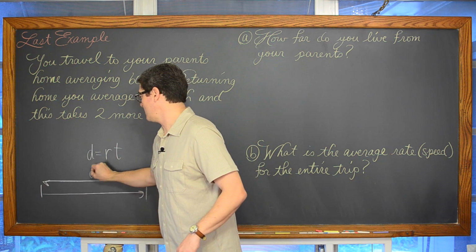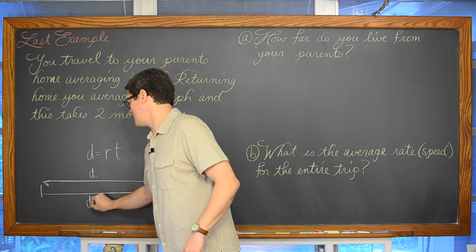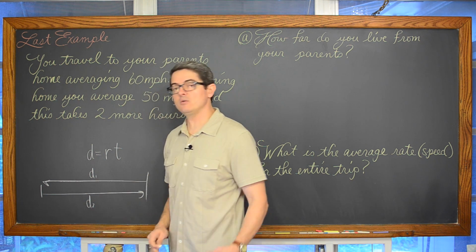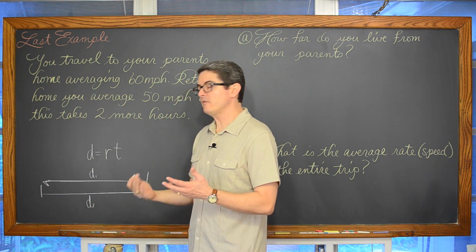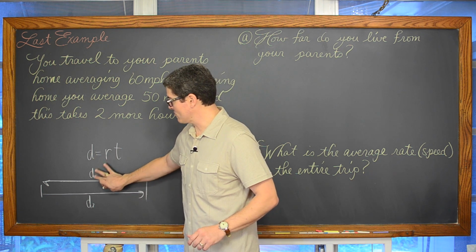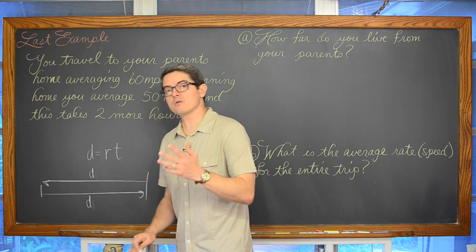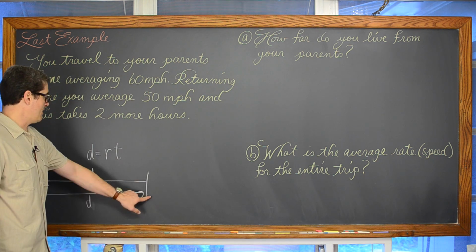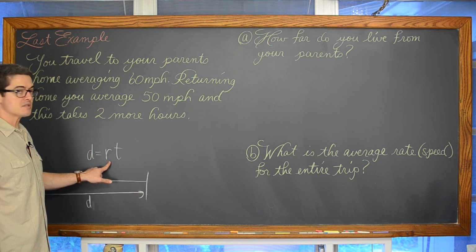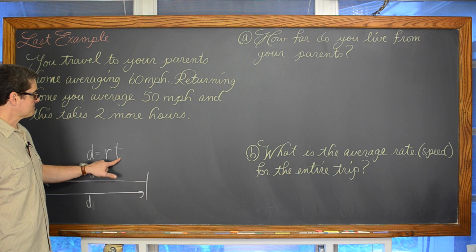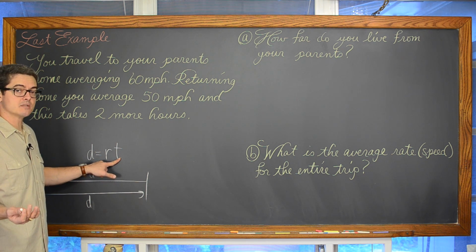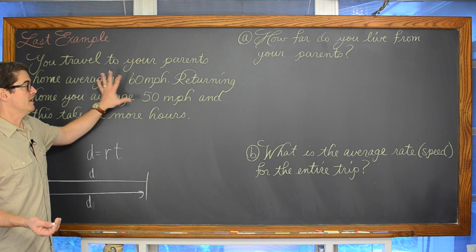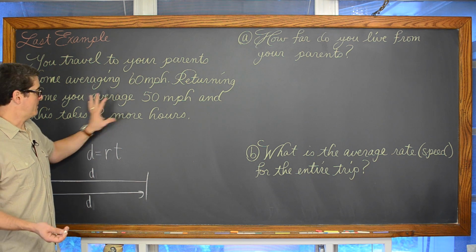So we have sort of like a D sub 1 and D sub 2 here, if you will. But really, you don't even need to write them with a different subscript because, again, they are the same length. So from home to your parents' house, your rate was 60 miles per hour. And I don't know what time is because I'm not given very much information about the time.